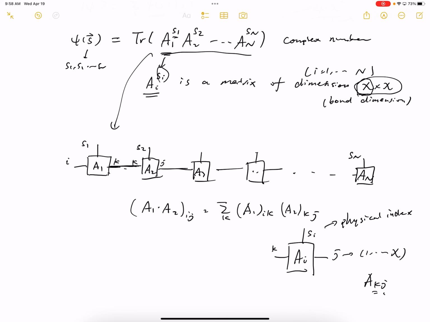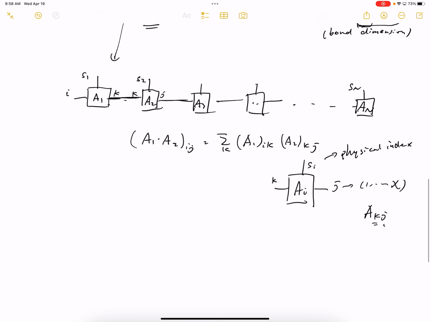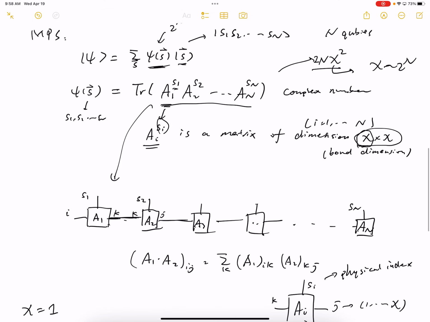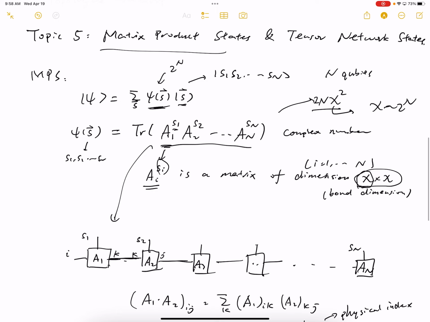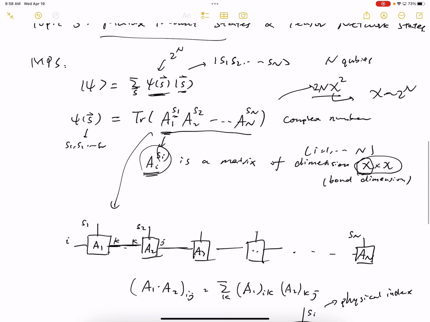In the simplest case, let's consider the case of chi equal to 1. So the bond dimension is equal to 1. In this case, the wave function psi_s here is just represented by numbers, because each of these is a number, right? If the matrix dimension is 1, this is just a number. And because we're doing a multiplication of numbers, the trace is also not necessary, because the trace of a 1 by 1 matrix is just equal to itself.